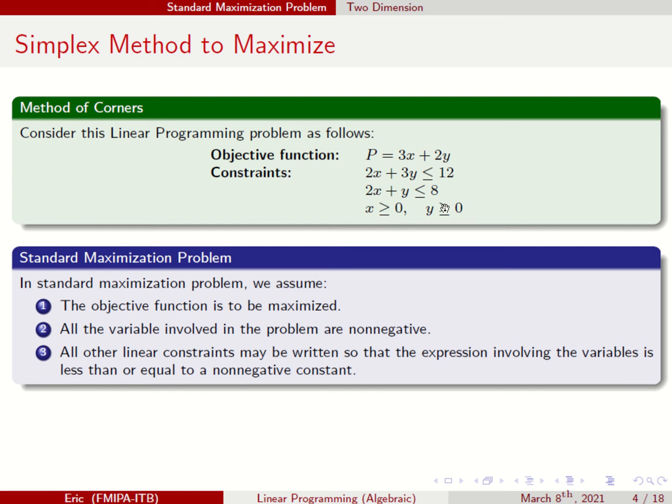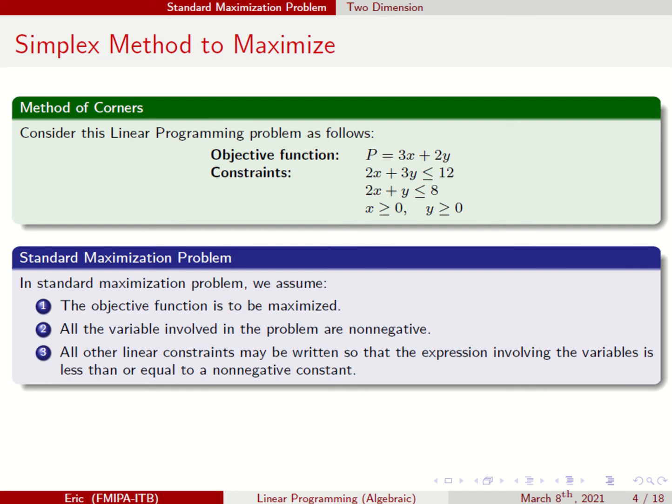X should be non-negative and Y should be non-negative. This is what we usually call the standard maximization problem. In this course, we would like to discuss what the standard maximization problem is and how to solve it.